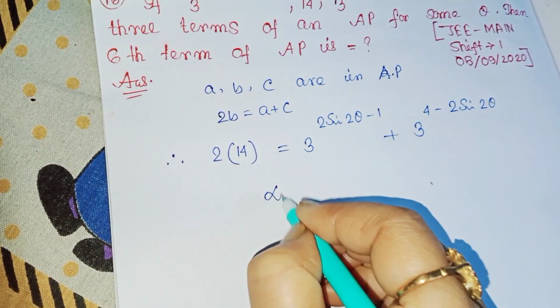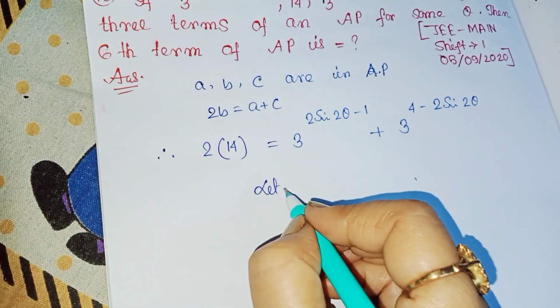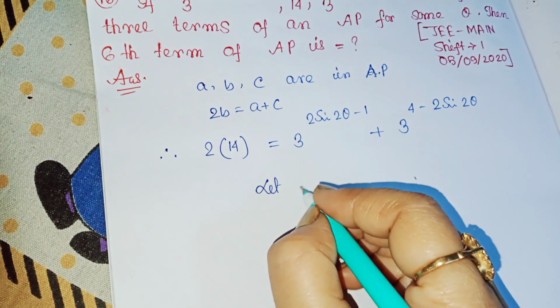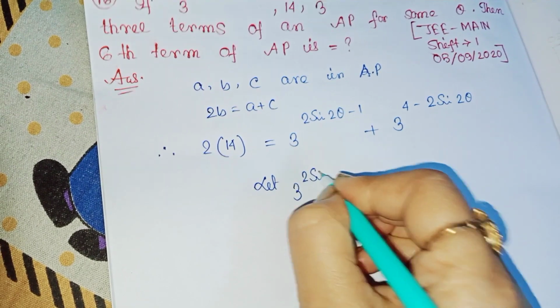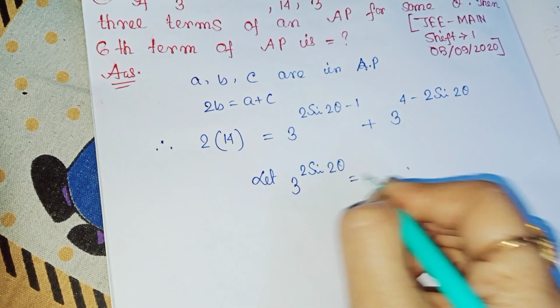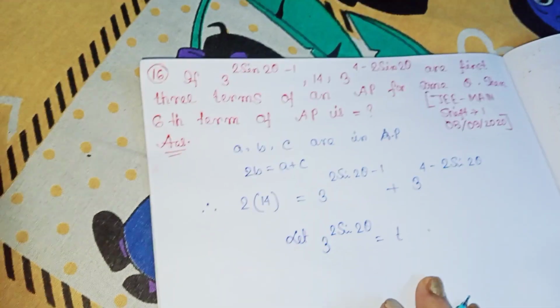According to calculation, we may write 3^(2 sin 2θ) is equal to, suppose, t.